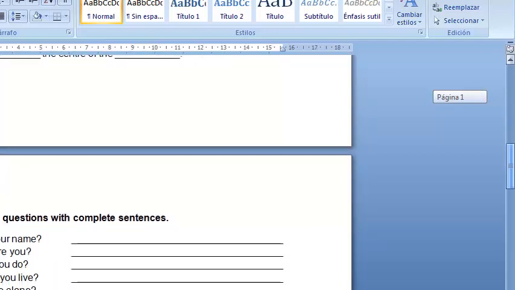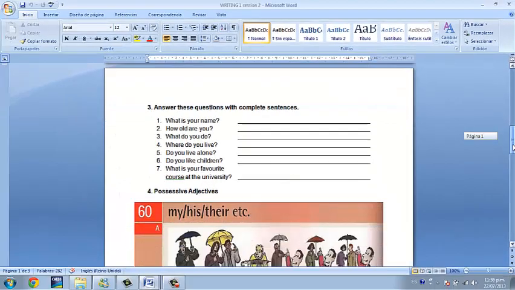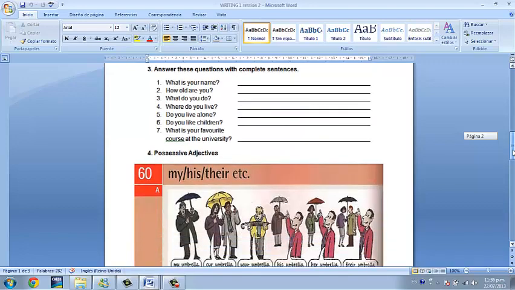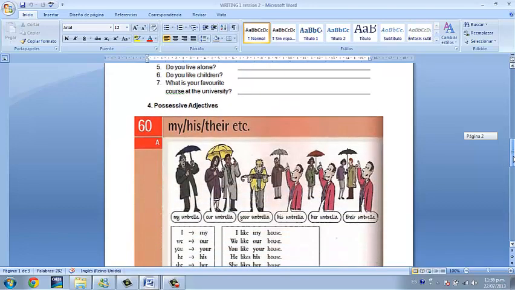Answer these questions with complete sentences, of course, once they have reached a certain level of expertise, or management of what they have been taught. They are able to respond to or answer these questions. Then we have the possessive adjectives.